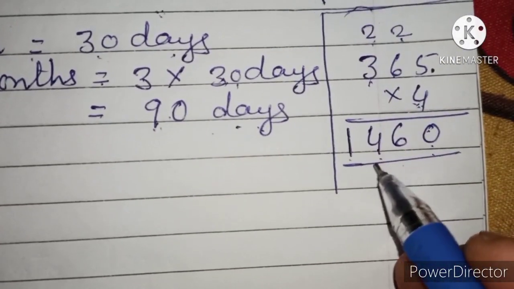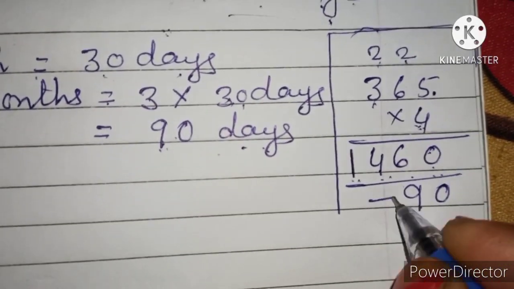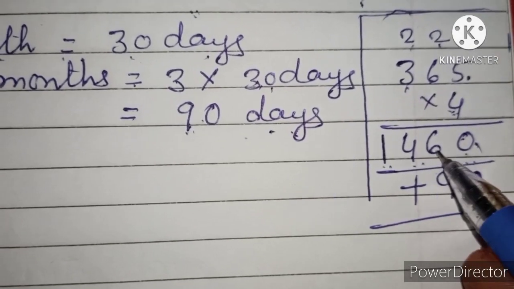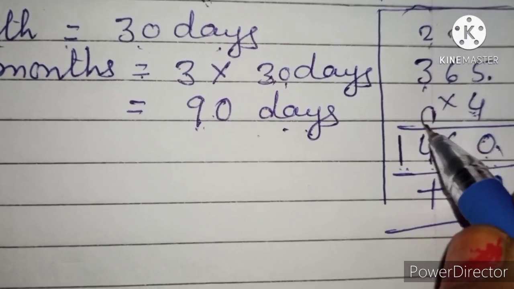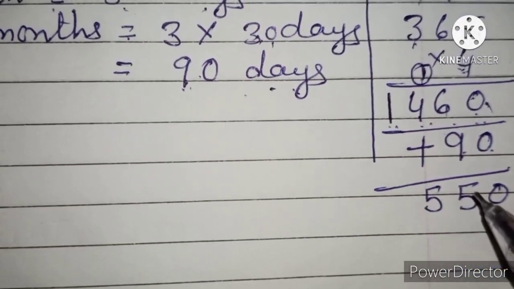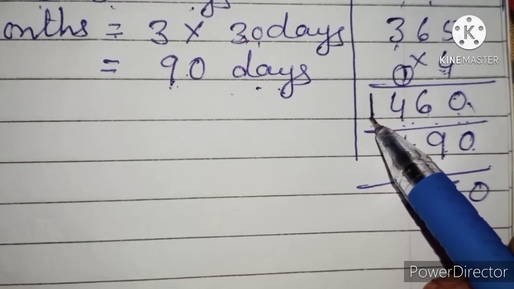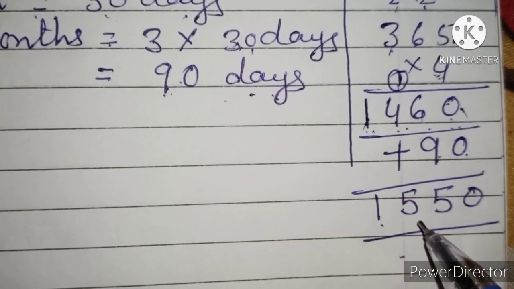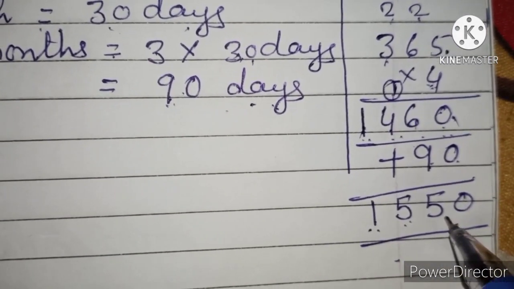So here written 1460 plus 90. 0 plus 0 is 0. 6 plus 9 is 15. 1 carry. 1 plus 4 is 5, here 1 written. So write down 1. So the answer will be 1550 days.